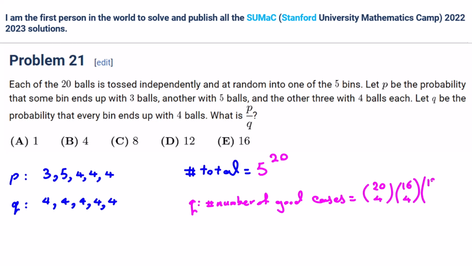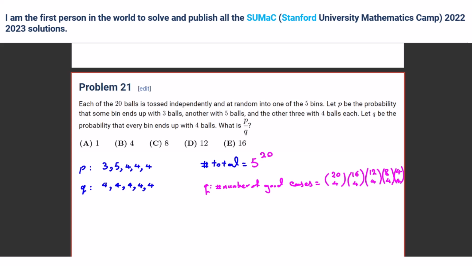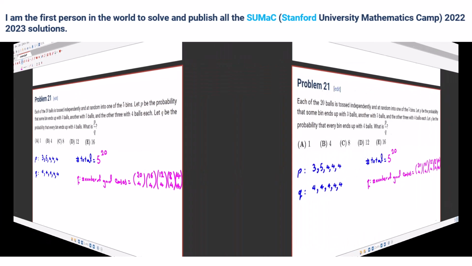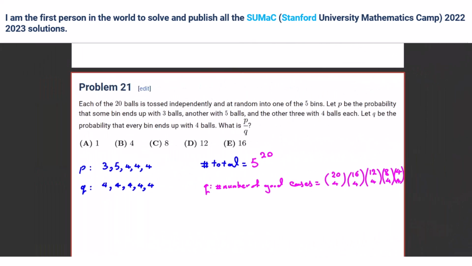The first one chooses 4 out of 20. Then would you have to multiply by 5 to the 5? No, you shouldn't multiply by anything, and it is correct. Do you know why? Because order doesn't matter, I think.